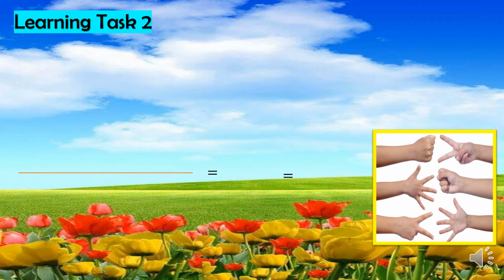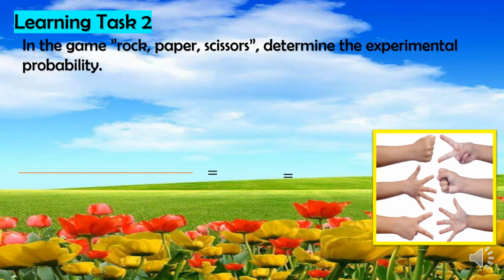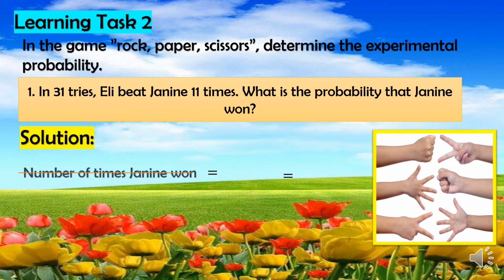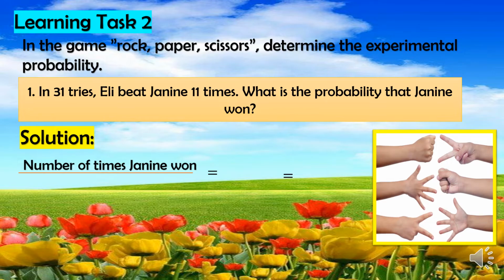Okay, for learning task number 2, in the game rock, paper, scissors, determine the experimental probability. So here is the problem. In 31 tries, Ellie beat Janine 11 times. So what is the probability that Janine won? So for the solution, we have the number of times Janine won and then the total number of tries.